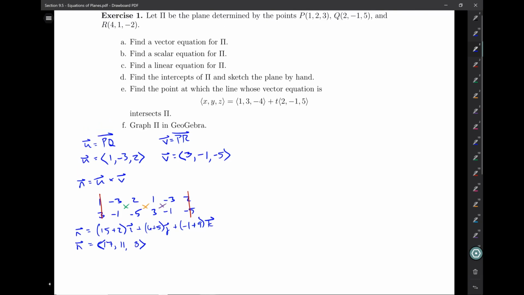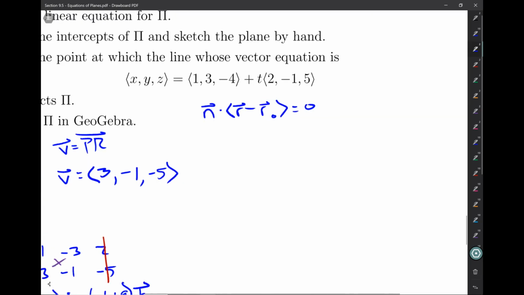If we want to find a vector equation, then the vector equation has the form n dotted with r minus r naught is equal to 0. Now n is the vector 17, 11, 8. So we have 17, 11, 8. We're dotting this with r minus r naught. R is x, y, z.